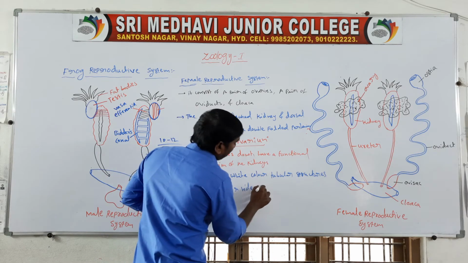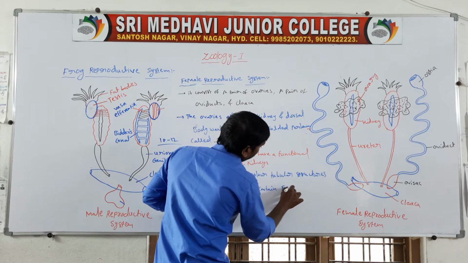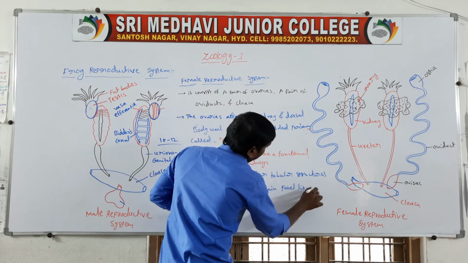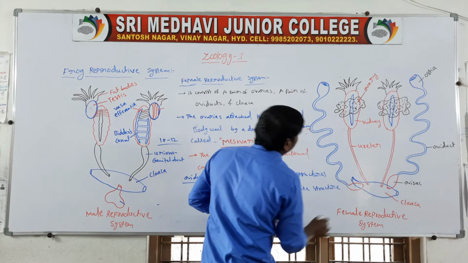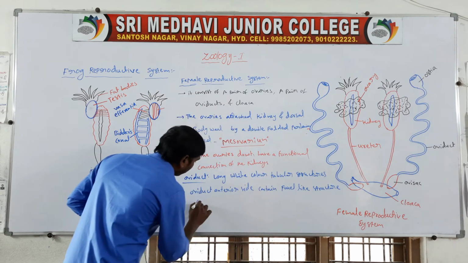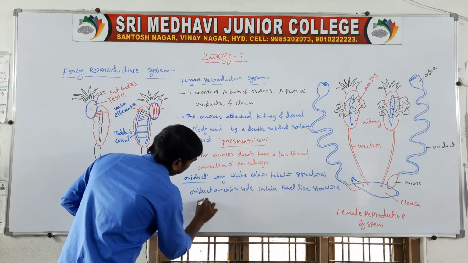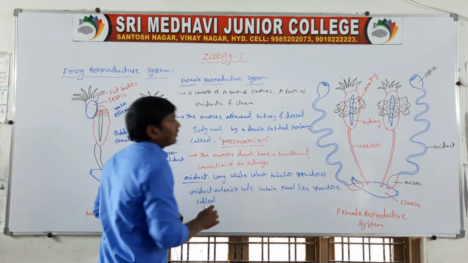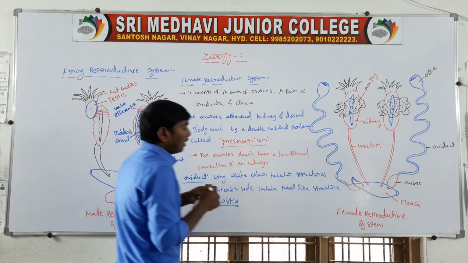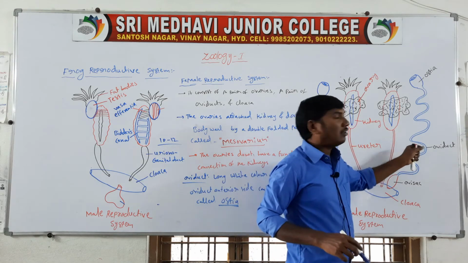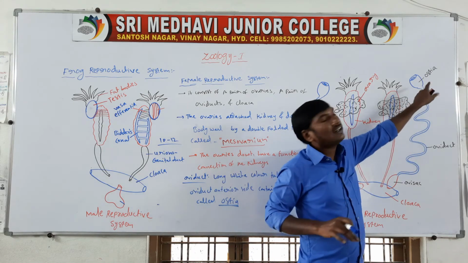The anterior side of the oviduct contains a funnel like, cup like structure called the ostia.